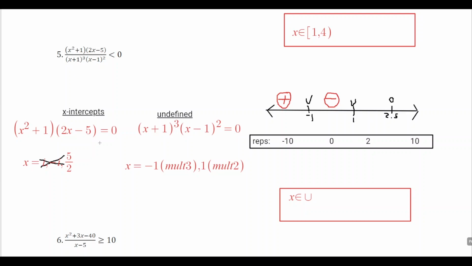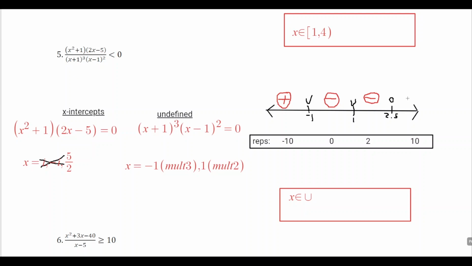If I plug in a 2, I do get a negative over a positive, so it does remain negative. So my theory still stands here. This might be something I'll go look back into and see if I can prove it's true for all cases. I haven't done that, so that's why I'm hesitating to say that it always works. But it's always worked so far.